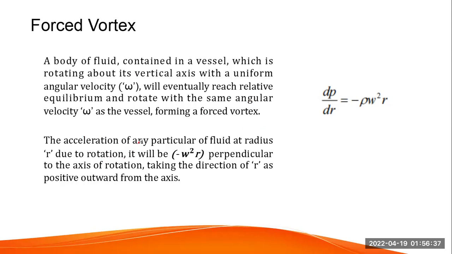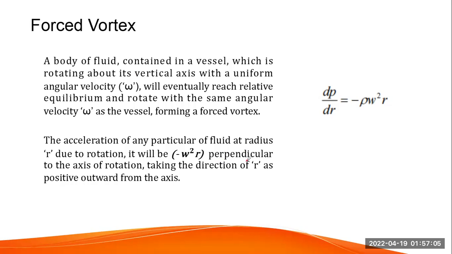The acceleration of any particle of fluid at radius r due to their rotation will be negative omega squared r. So yung ating omega is yung ating angular velocity. Yung r natin is yung ating radius. Kumbaga yung ating vessel is cylindrical.